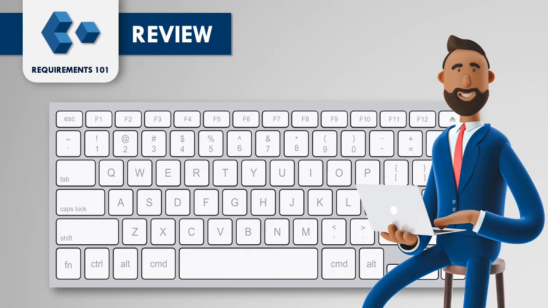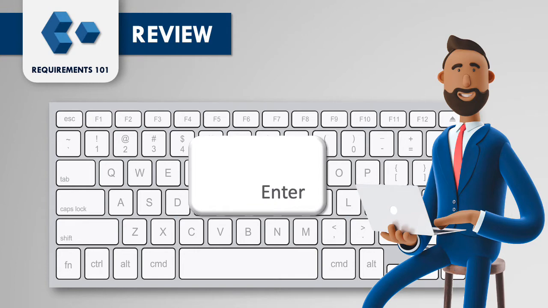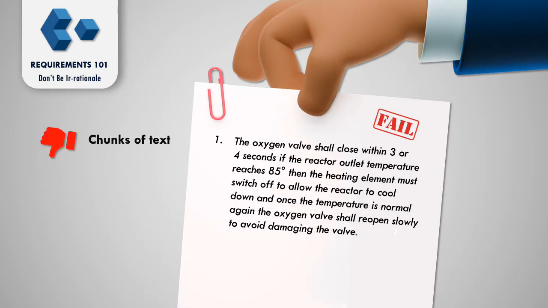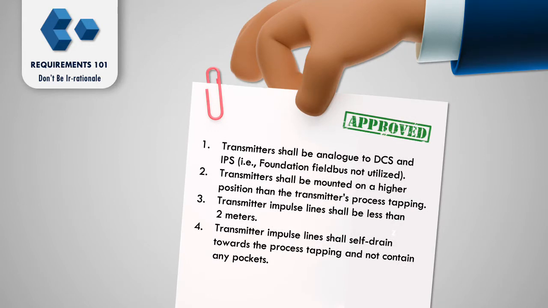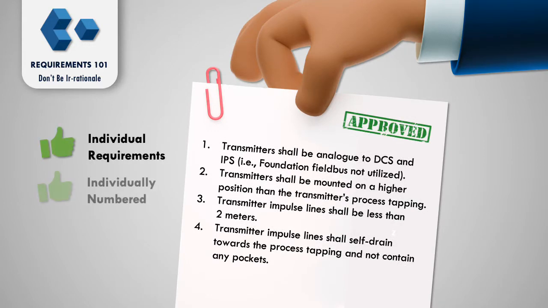Your new best friend is the Enter key on your keyboard. The days of writing chunks of text with multiple requirements are behind us. In the new world, we write individual requirements, individually numbered.